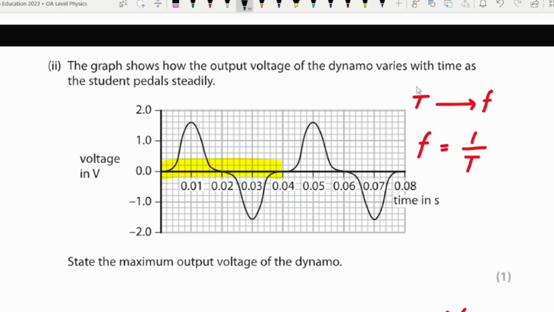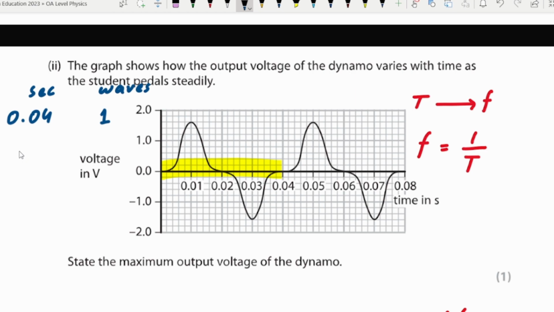If you don't want to find the time period first, you want to find the frequency directly. You see how many waves are there in 0.04 seconds. So here I'm writing seconds and here I'm writing number of waves. In 0.04 second you have 1 wave.